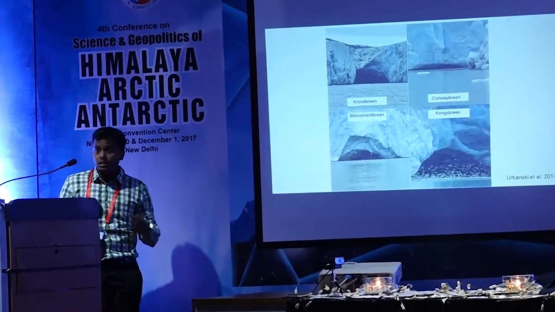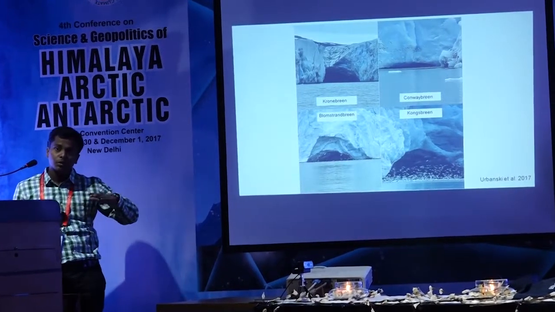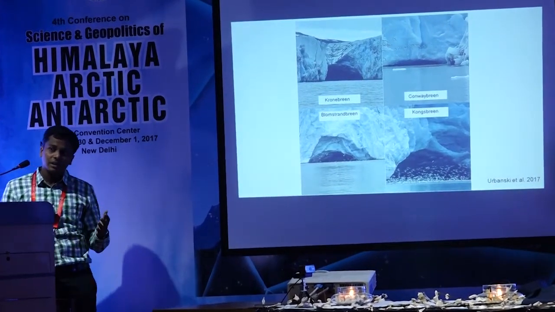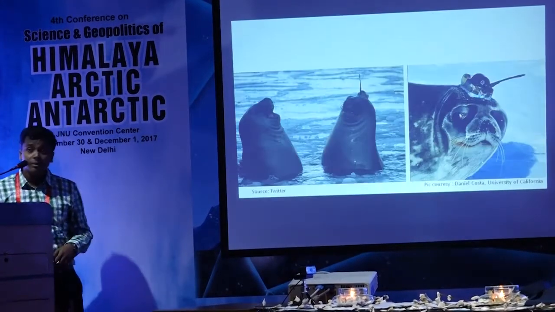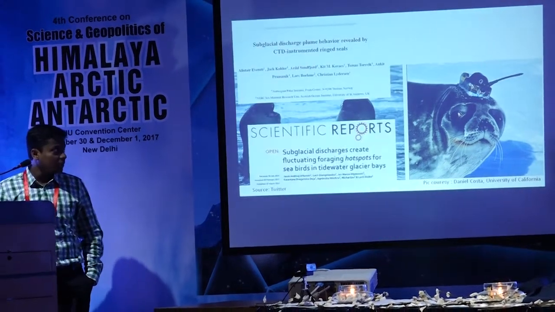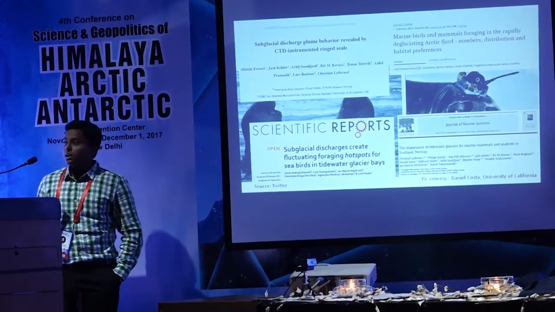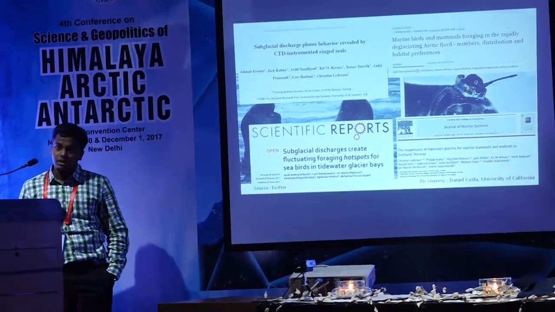And when these plumes are generated, they bring a lot of nutrients from the fjord bottom to the fjord surface, and that makes a feeding ground for birds, seals, and other marine animals. That has been reported in the literature several times. So in short, the tidewater glacier front makes a perfect ecosystem.